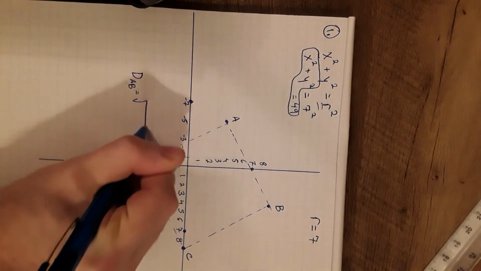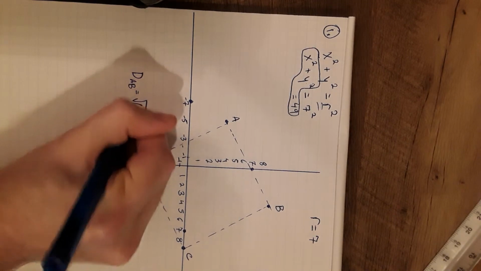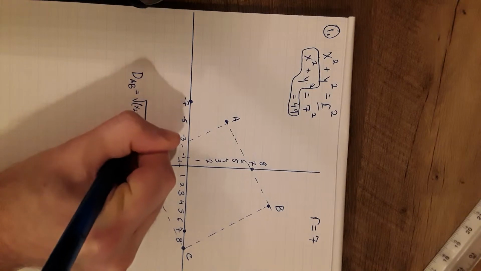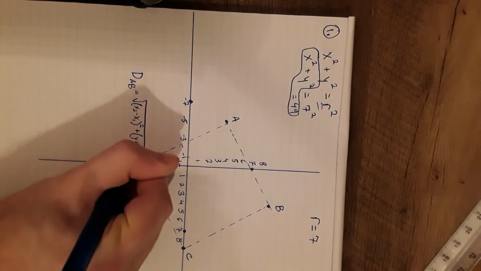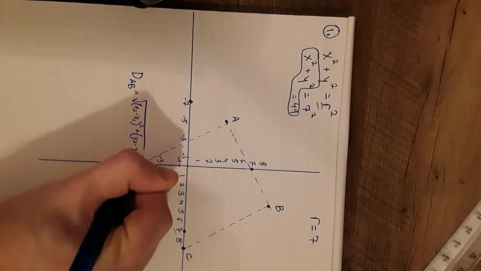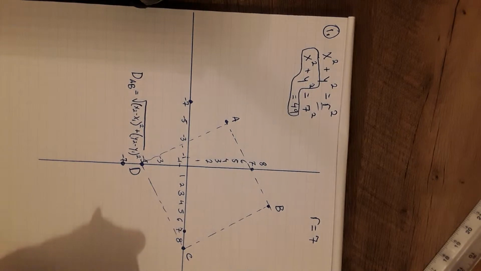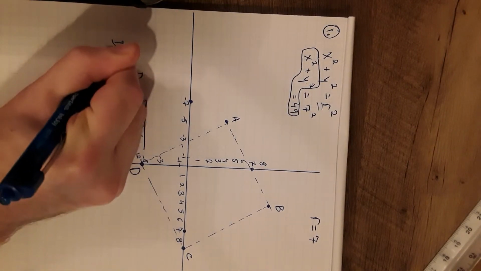So to find the distance of A to B, it's the square root of x2 minus x1 squared plus y2 minus y1 all squared. Right? So I'll make a little more space.